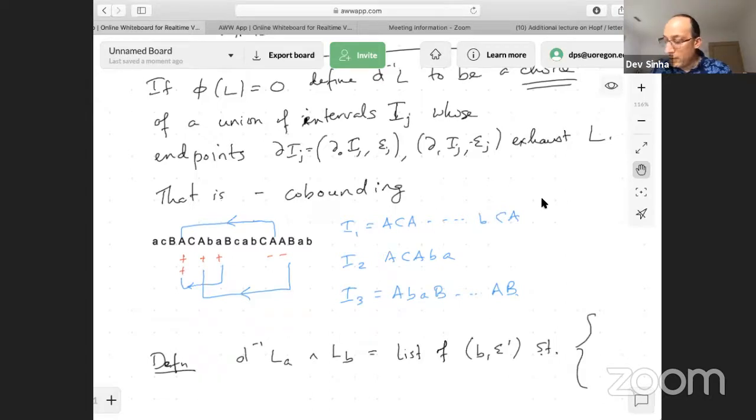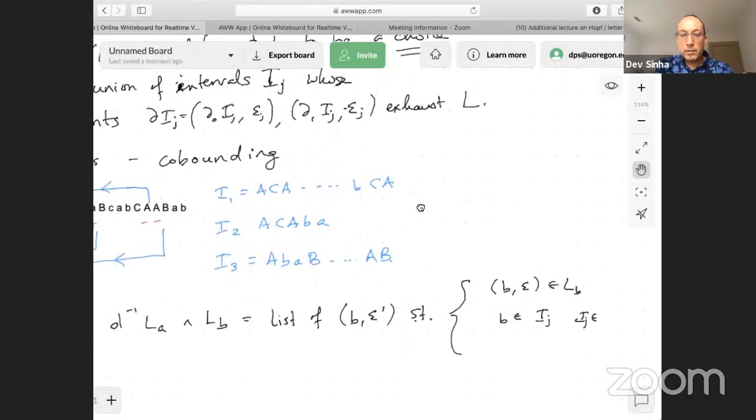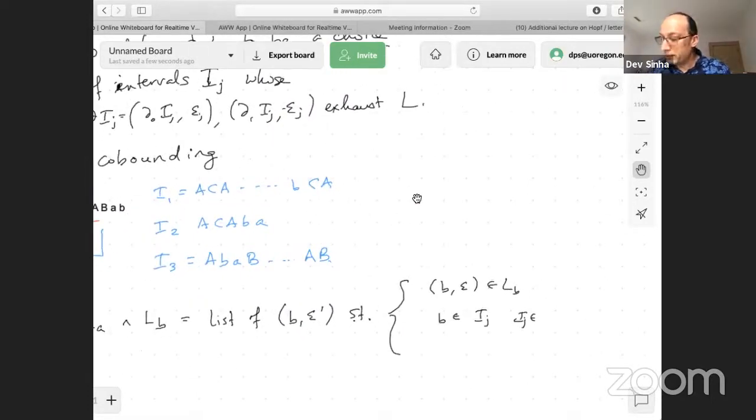Next, B is in some IJ, for an IJ in the co-bounding of the first list. And then finally, what is this epsilon prime?